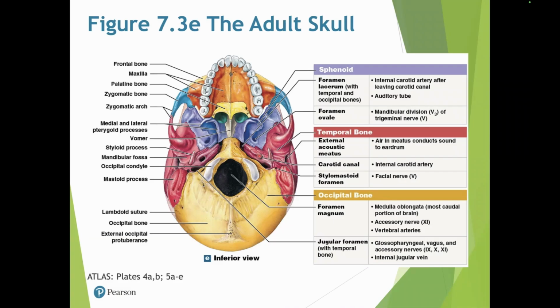So the key is to find your bones. That way you can locate the holes and know which ones. So this is the carotid canal, and it is going to allow the internal carotid artery to pass through. As we saw up here, then it's going to go to the foramen lacerum.